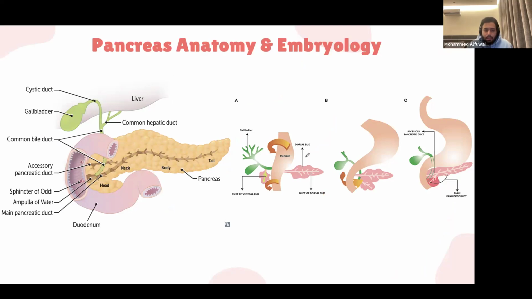That's it. Now, in terms of anatomy and embryology, it's very important to remember the head, its relationship to the common bile duct and the ampulla of Vater. Any pancreatic head tumors can cause obstructive jaundice, okay? So you have the head, the neck, the body, the tail.